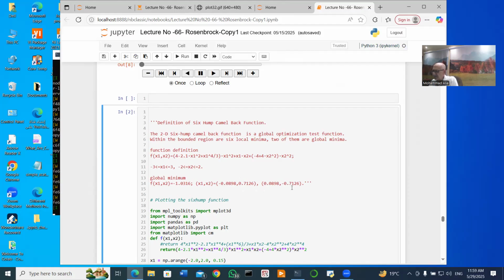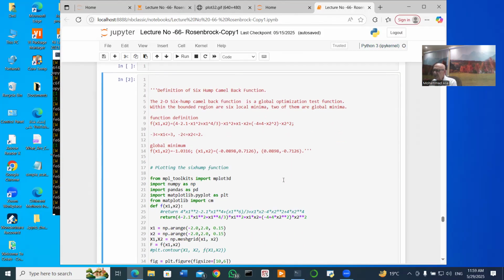So indeed, it is really very specific. If we use this function to test an algorithm and we get these values, this means that this algorithm is really very accurate and could be recommended for other similar applications.